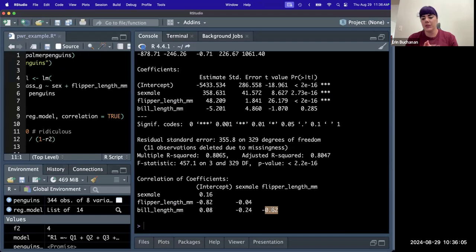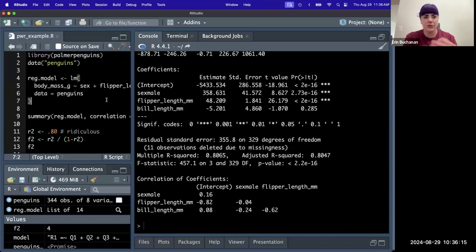That's one of the issues with testing a single predictor in the G-Power way: if you don't know those intercorrelations, it just assumes whatever partial R squared you put in. This is why simulation might be a better choice, because the intercorrelations between multiple predictors make a difference. So bill length didn't get to count because flipper length took it all up. That's one of the caveats to what I'm talking about.